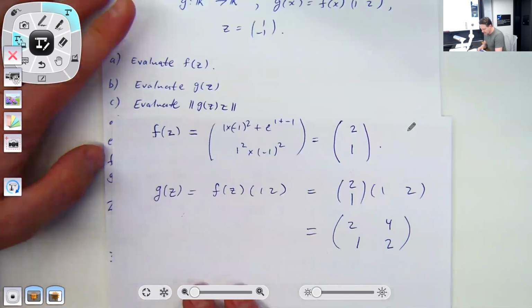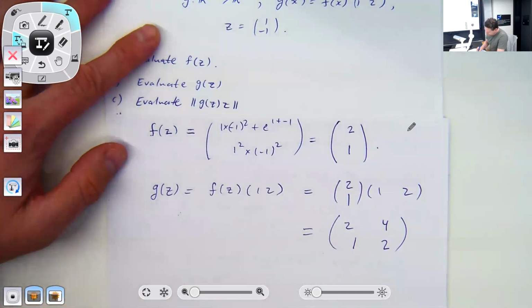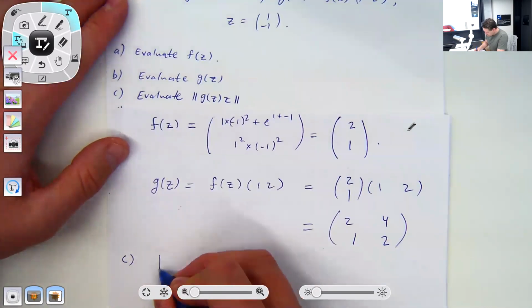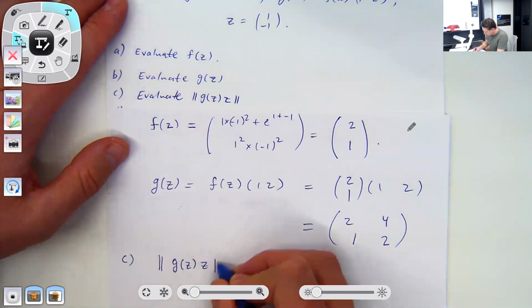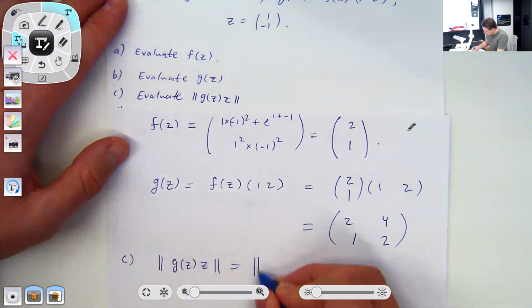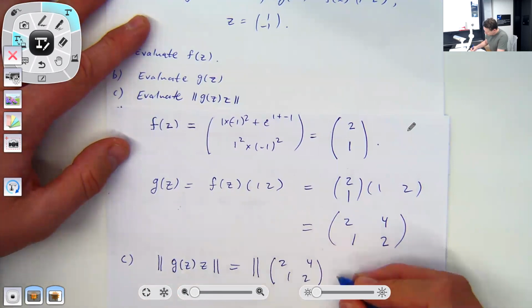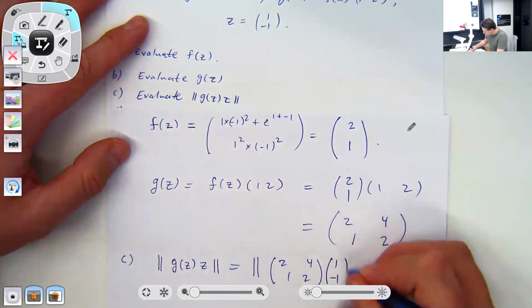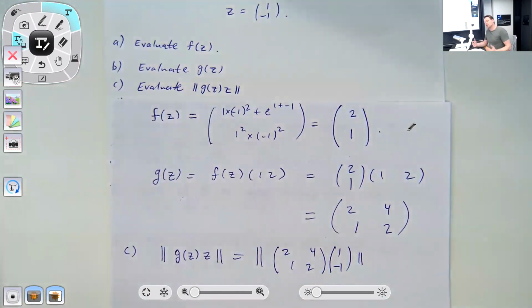Next question, evaluate the norm of g of z times z. Okay, so this is C. So the norm of g of z times z is equal to the norm of, now we have g of z already, so we'll copy that down, 2, 4, 1, 2. And then z, remember, is 1, minus 1. So we multiply this out and then we simplify.